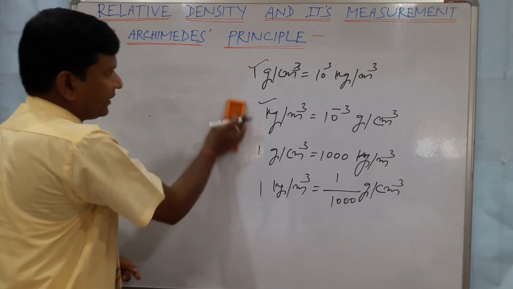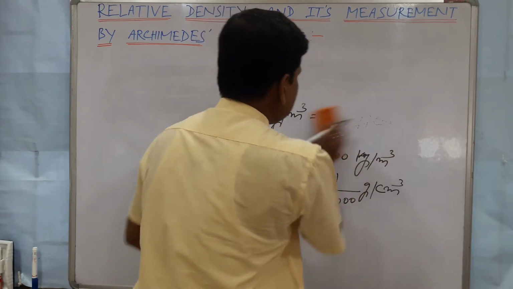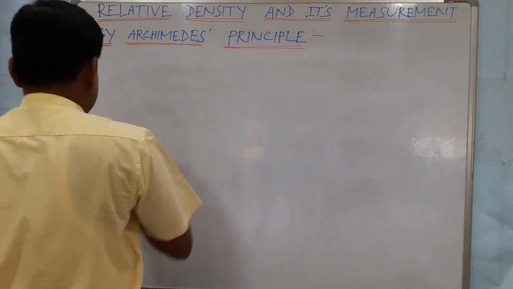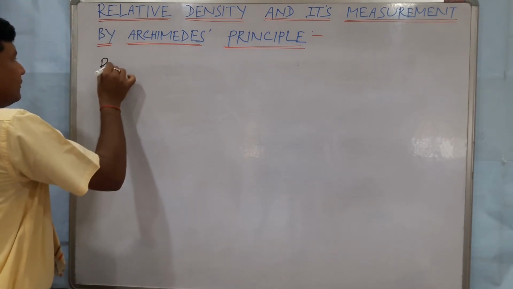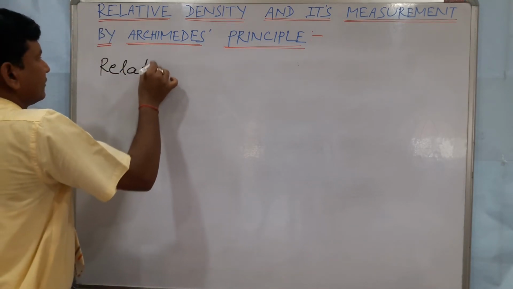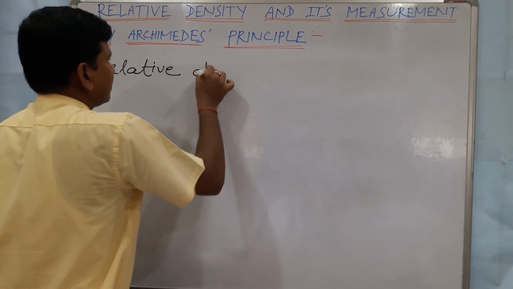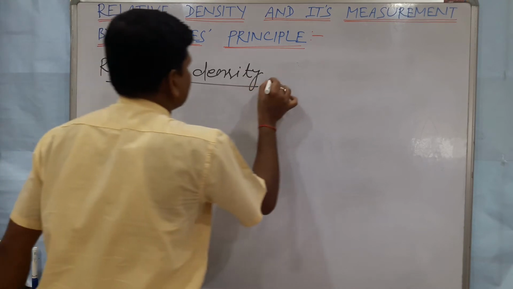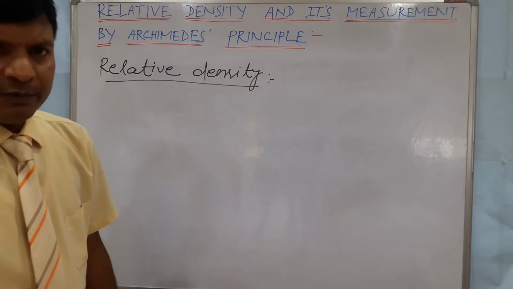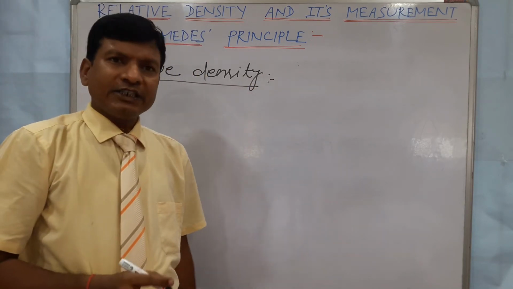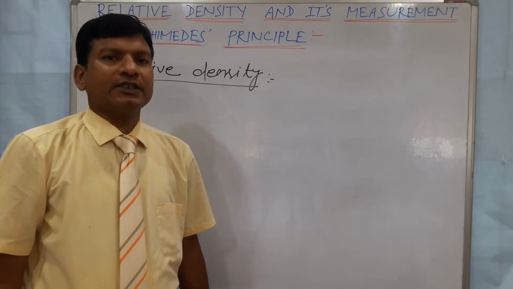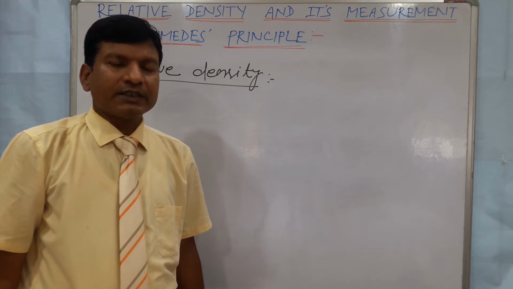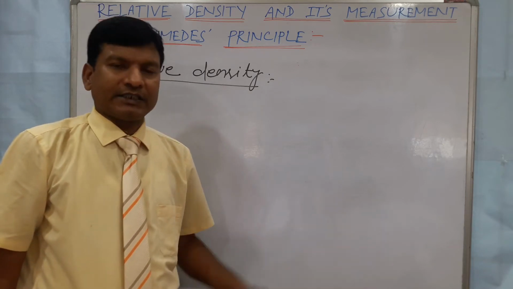Just see now, our topic is the relative density. What is relative density? Remember here, treating the density of water at 4 degrees Celsius as standard, the density of another substance can be compared with this value.